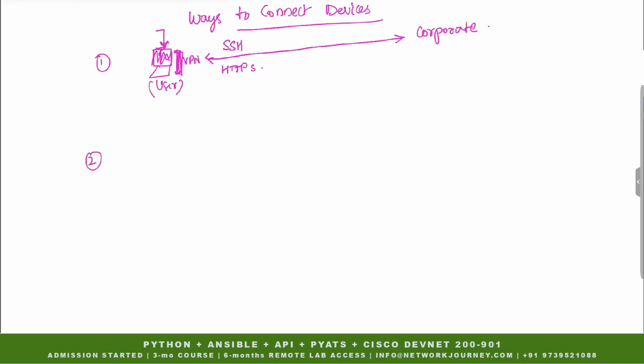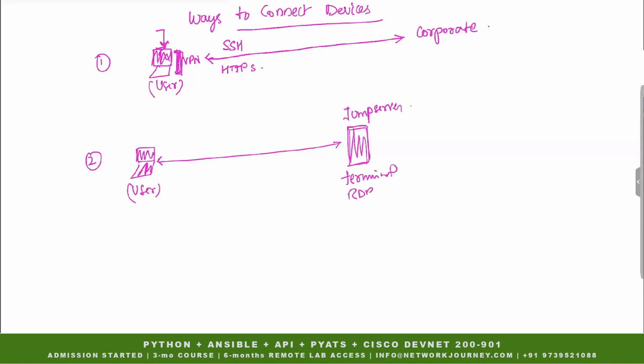The second method could be if a user is required to connect to a jump server or terminal server, or RDP sessions, which is also MSDC. And from that server, he gets access to all the backend devices.